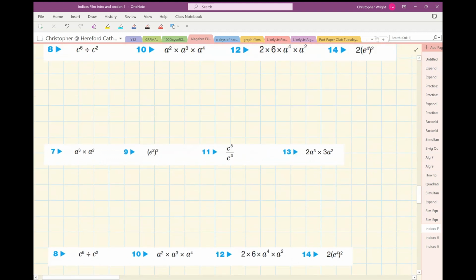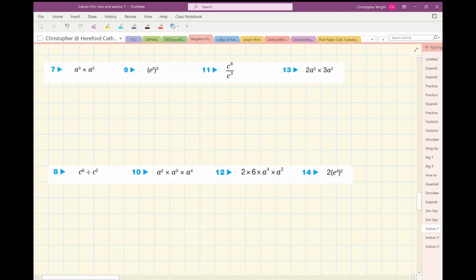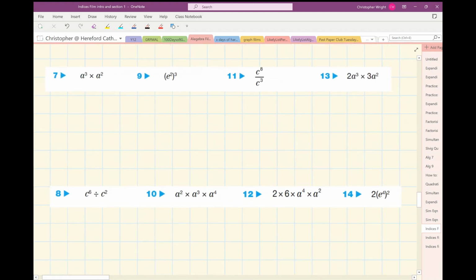Okay, question 7. A cubed times a squared. Add the indices, a to the power of 5. Number 9. E squared raised to the power of 3 is e to the power of 6. Number 11. Subtract those indices, c to the power of 5. Number 13.